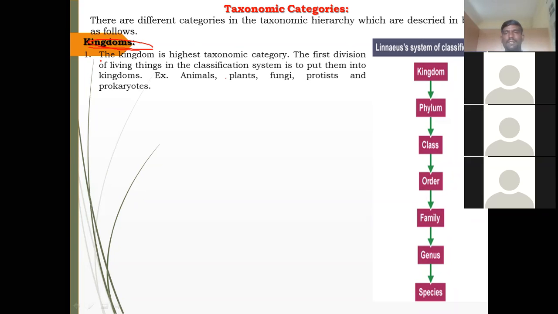They show some basic similarity by using external characters. Means simply you are observing your surrounding environment, you are observing some green plants, some domestic animals, some wildlife animals, some microscopic animals, some other living organisms present in your surrounding environment.